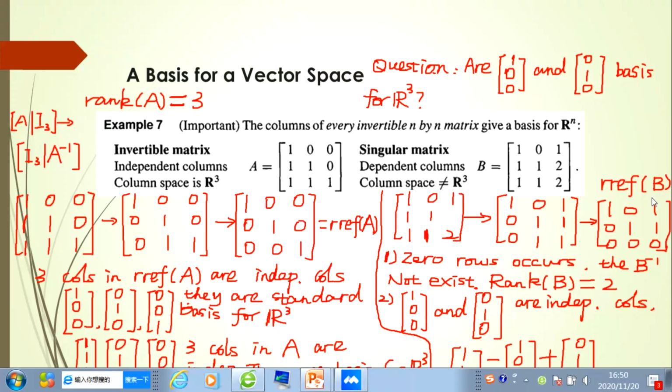So some students answered yes. So how many independent vectors are here? A lot of students answered yes, right? How many independent vectors in matrix B?